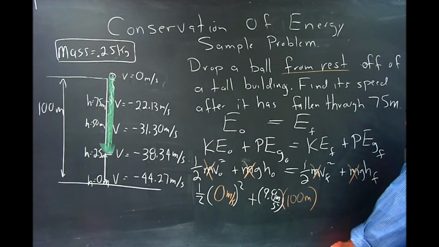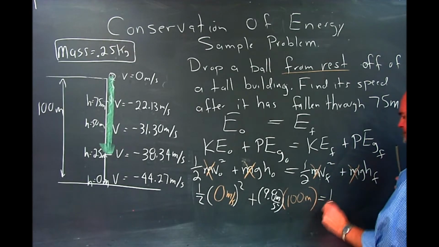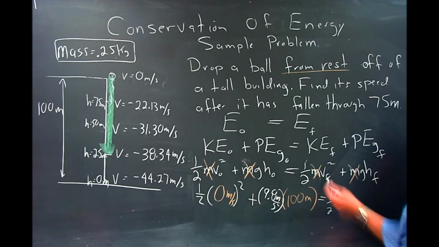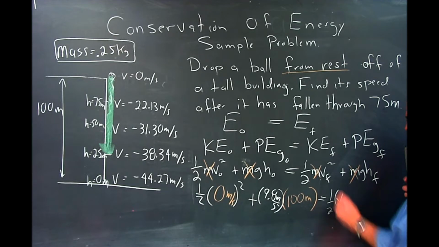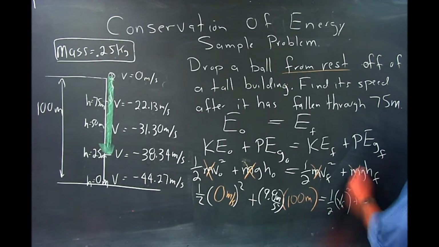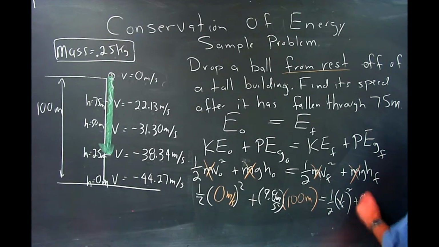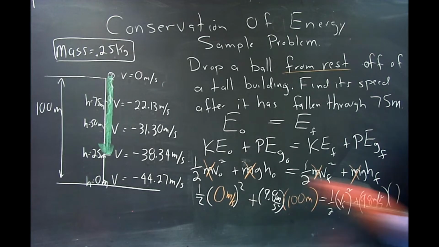and that's going to equal 1/2 the mass of this thing, we don't know. We've already canceled it out, I mean. And we want to find V final, and that's squared. Plus, gravity is the number 9.8. And the height final would be this number 25.